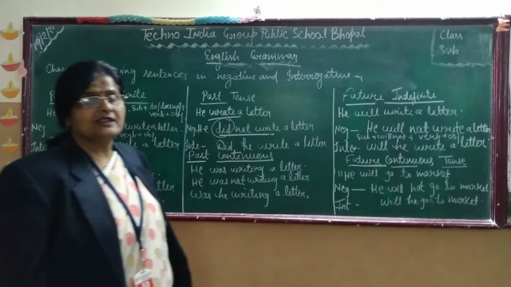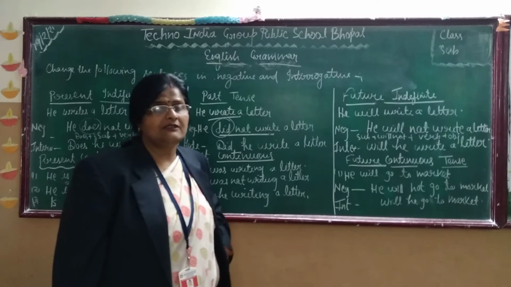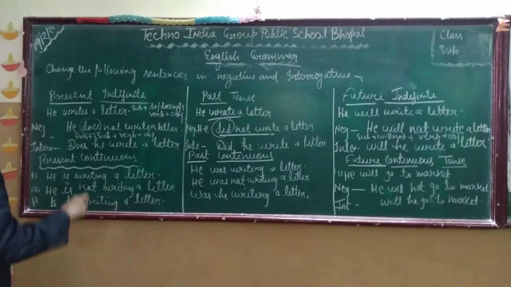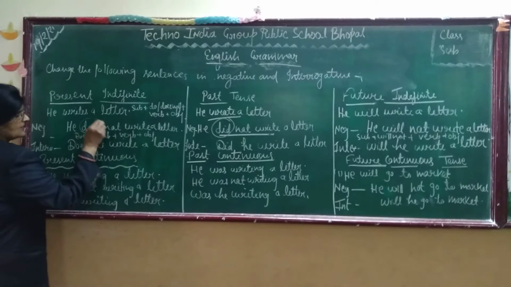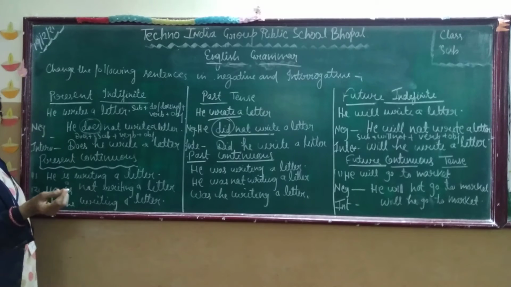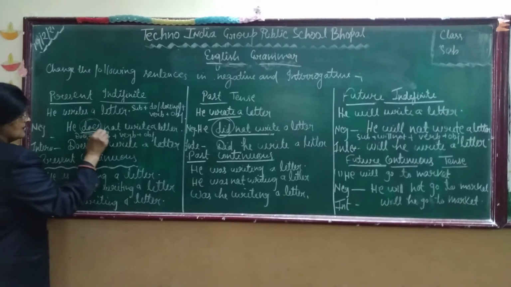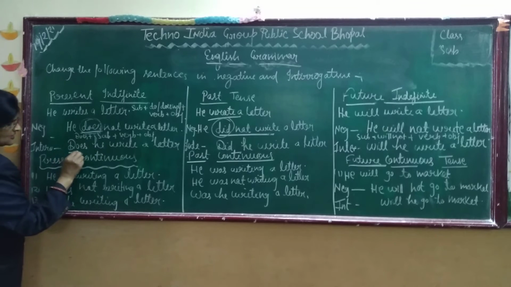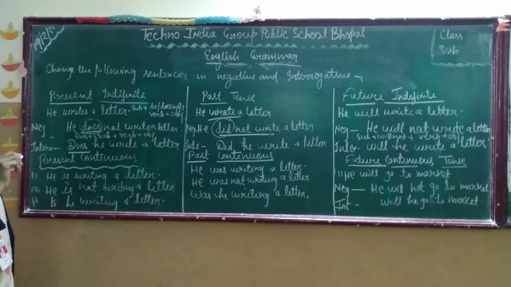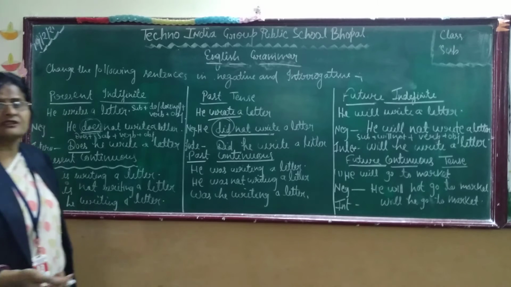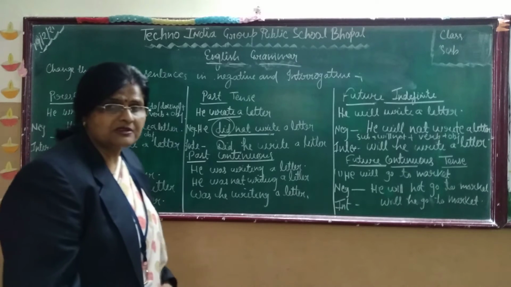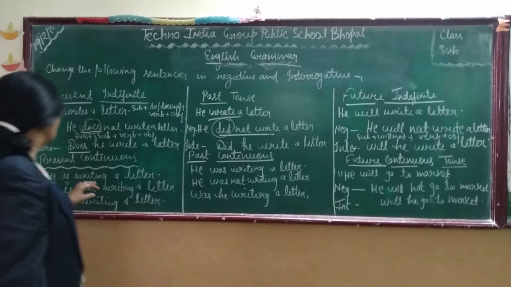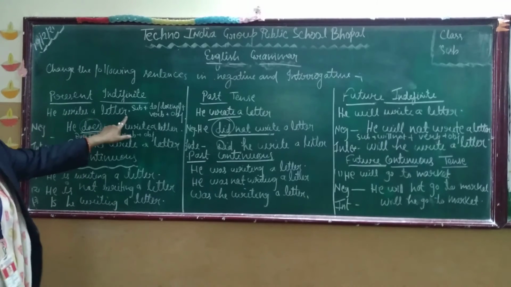And if we have to change this sentence into the interrogative, then जो हमने does यहाँ पे use किया, we have to use here does. In the interrogative sentences, we have to use does in the beginning of the sentence. You can see there. Because here we are asking a question. हम यहाँ पे किसी से question पूछ रहे हैं. So he writes a letter.